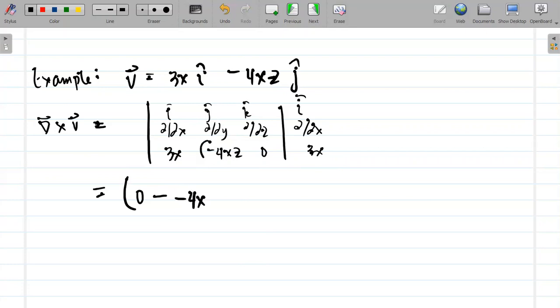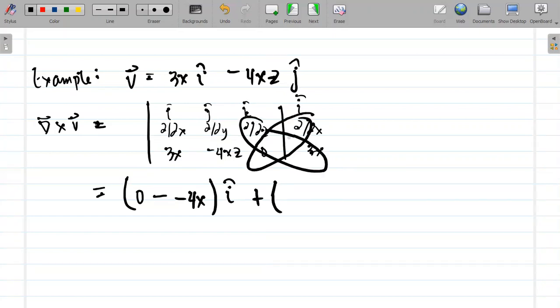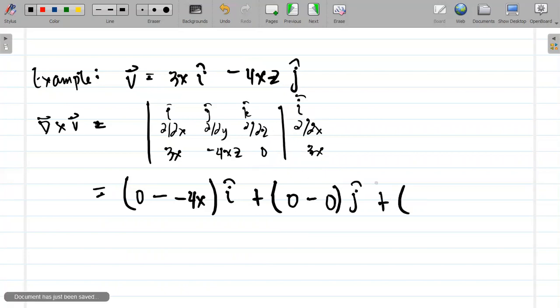Class, may negative to ha, kaya nag-double negative yan. I hat. Sa j hat naman, itong dalawang to. So partial z, plus anong partial z ng 3x? Yan ay 0. Minus, ano ang partial x ng 0? 0 ulit. Sa k hat naman, itong dalawang to.